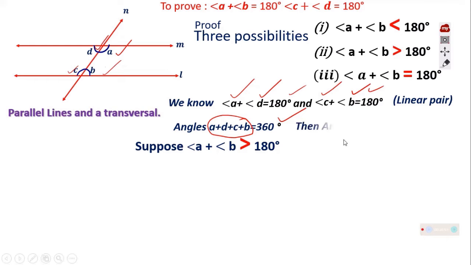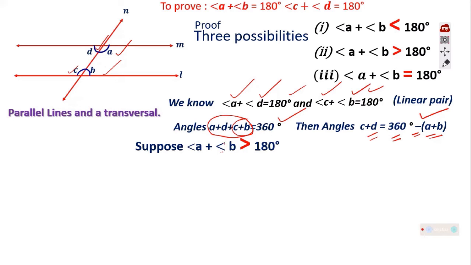Now, suppose angle A plus angle B is more than 180. If we are trying to find out angle C plus D from this, then we have to subtract A plus B. That is what is written here: C plus D is equal to 360 degrees minus A plus B. And we are saying A plus B is more than 180.